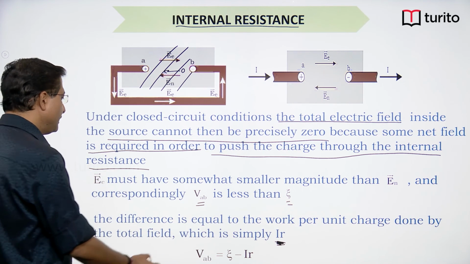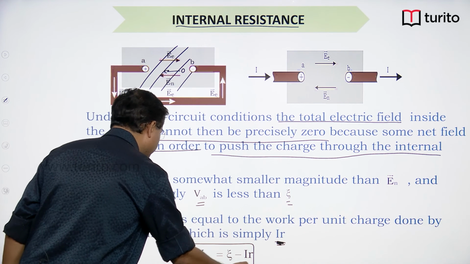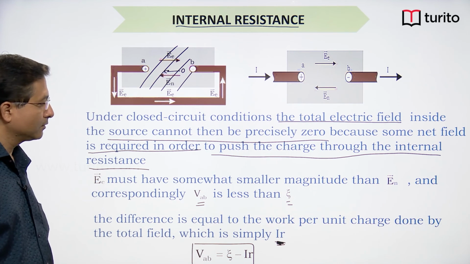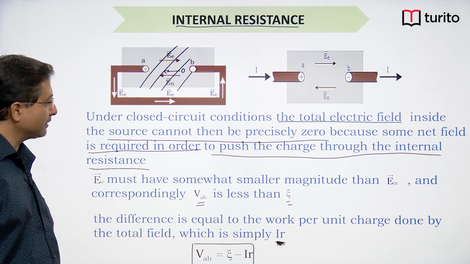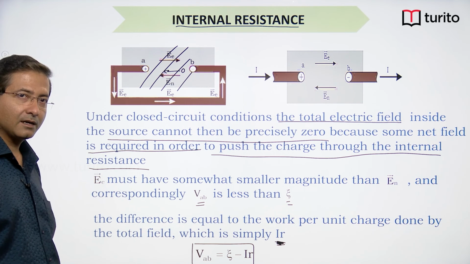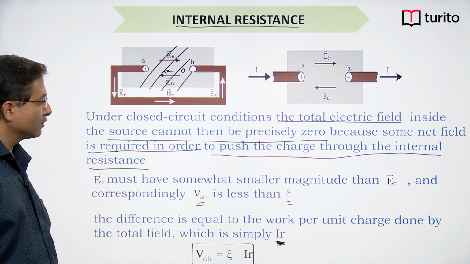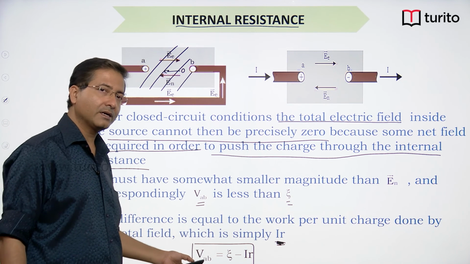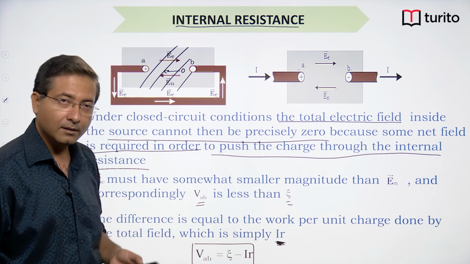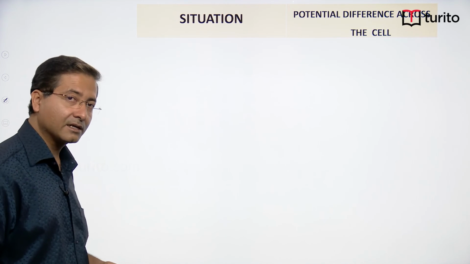So we can write VAB is equal to E minus IR. I hope this point is clear. This is when we are drawing current from the battery, where R is the internal resistor.